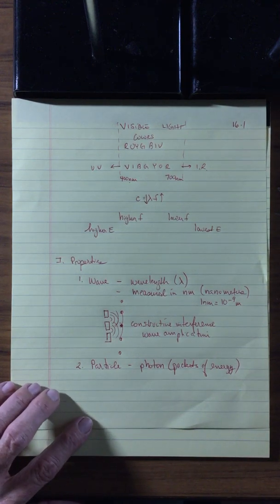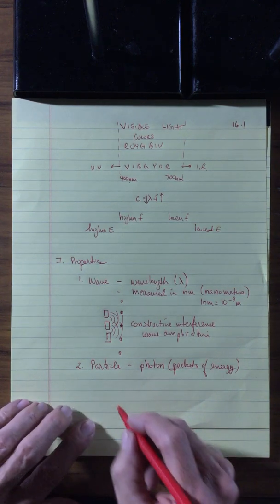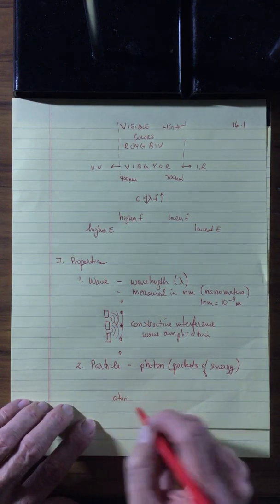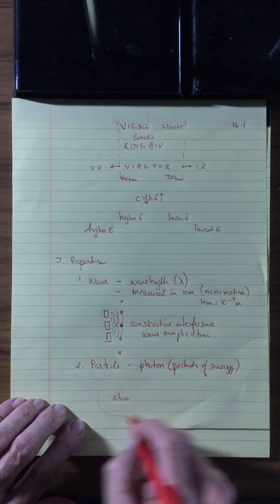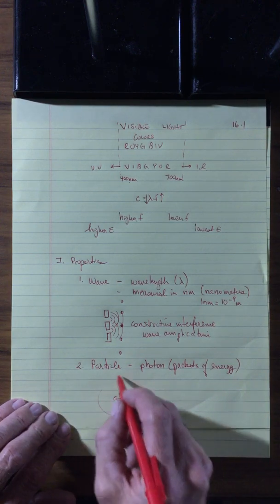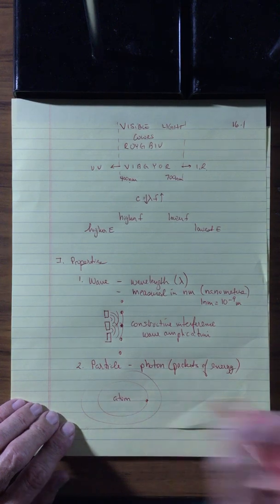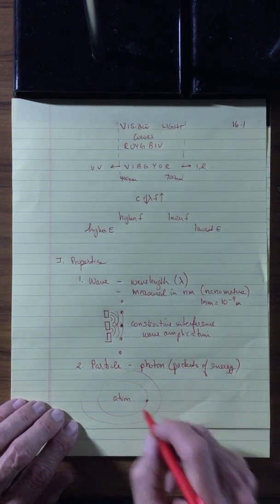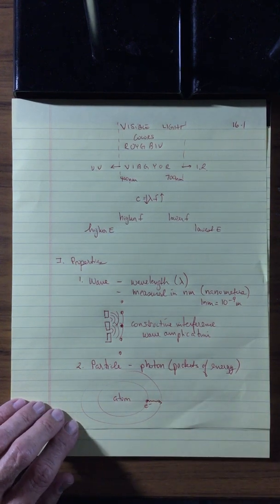We've discussed this previously when we were talking about neon lights. And if you remember, if you have your atom, here's your nucleus of the atom, and here's your electron shell. What happens is you can take an electron and excite it. So if this is the electron, we can then excite this electron to go to a higher state.